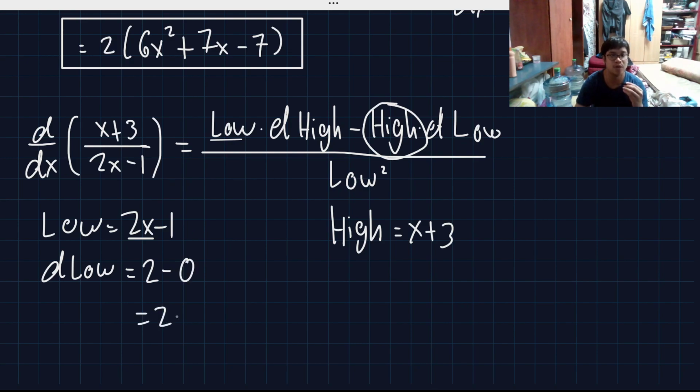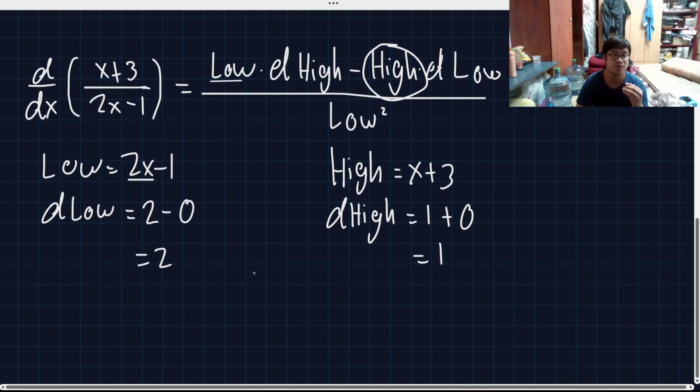So we will have 2. Now for the derivative of high, if you're going to get the derivative of x by the application of the constant with variable rule of differentiation, it's 1 plus the derivative of 3, which is 0. So we will have 1 as a result.